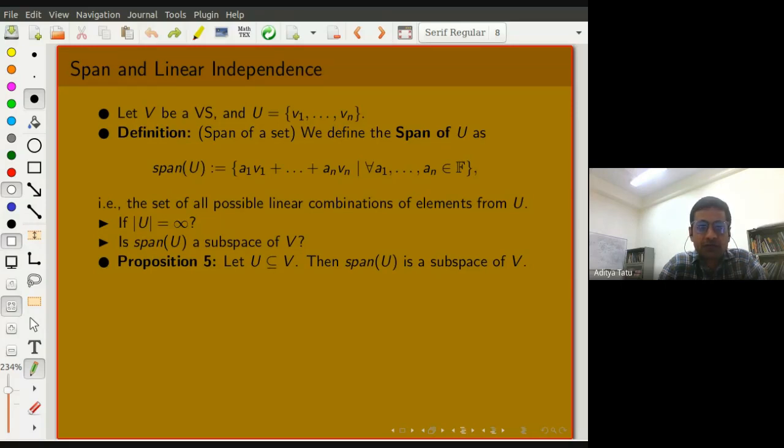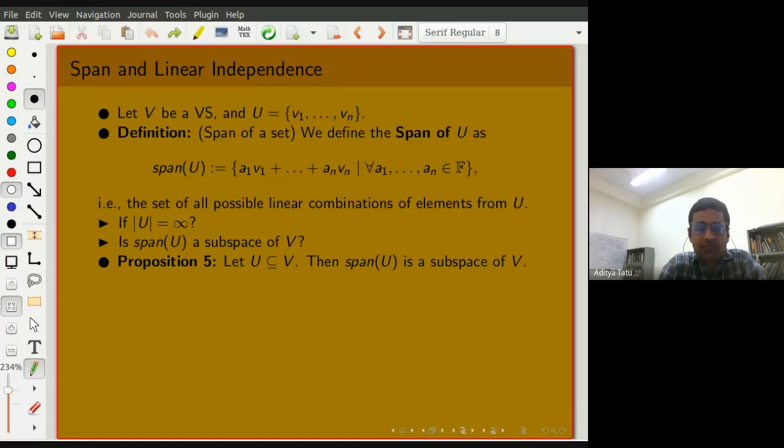And so in case this subset U has an infinite number of elements, then span of U is defined as the set of all possible linear combinations of all possible finite subsets of the set U. Okay, that is how we will define span of an infinite set U.